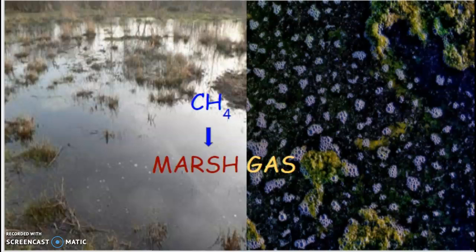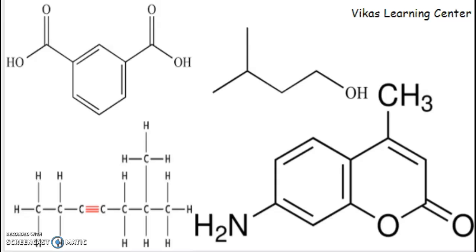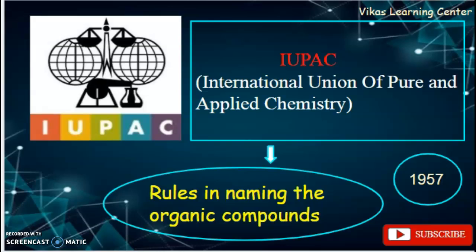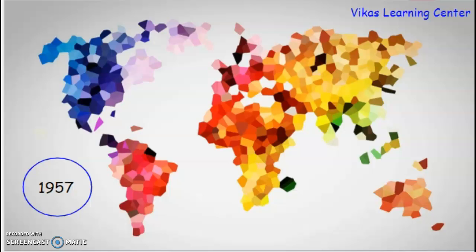But such names cannot be assigned to 5 million organic compounds, right? That is why it is very important to have a certain set of rules which can be recognized globally. So for the rescue, here comes an organization called IUPAC, that is International Union of Pure and Applied Chemistry, that provides a certain set of rules for naming organic compounds, and all these rules are recognized globally.